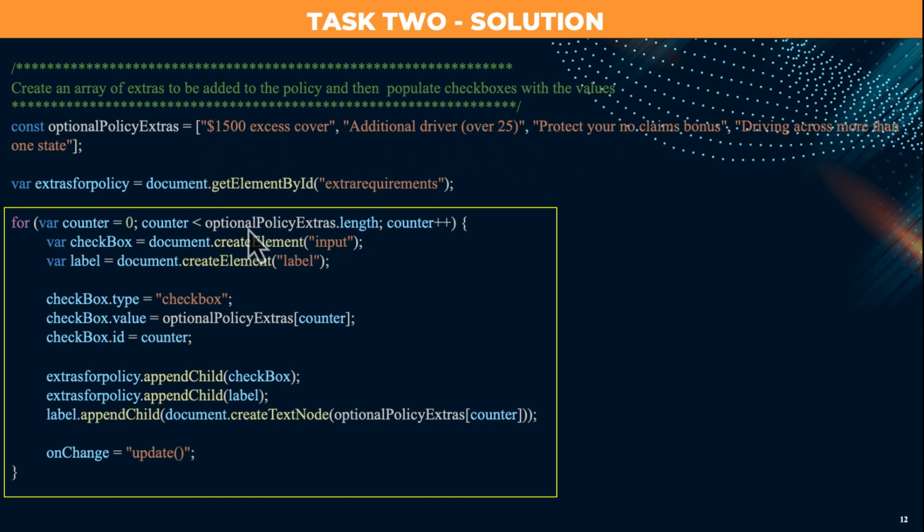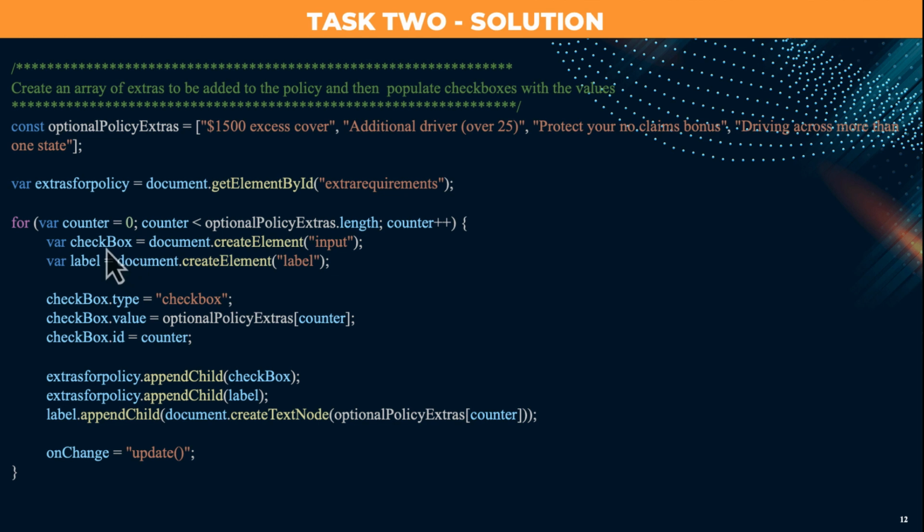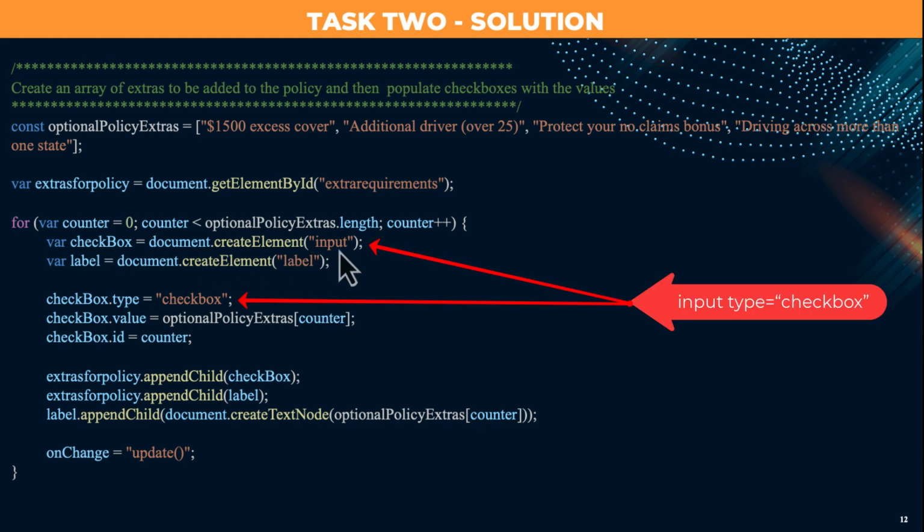So that's the optional policy extras dot length, and then we say I want to create a var checkbox, in other words a variable checkbox, which is equal to document dot create element input, and a label, document dot create element label. We want to set this checkbox not just to be an input, but we want it to be of type checkbox. So this is creating the input in this line for our checkbox, and this is setting the type of it.